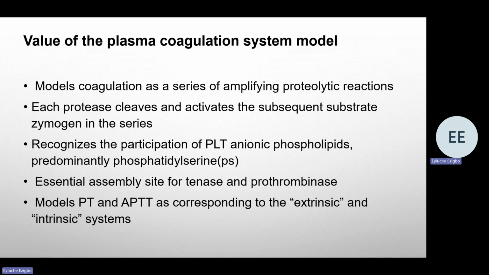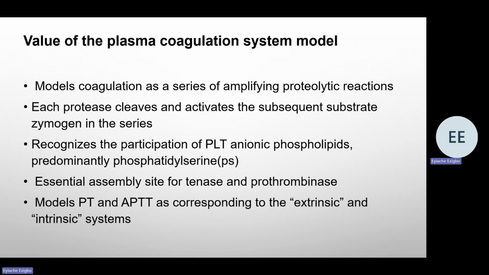The plasma coagulation system models coagulation as a series of amplifying proteolytic reactions. Each protease cleaves and activates the subsequent substrate zymogen in the series. The system also recognizes the participation of platelets and ionic phospholipids, predominantly phosphatidylserine, the PS.